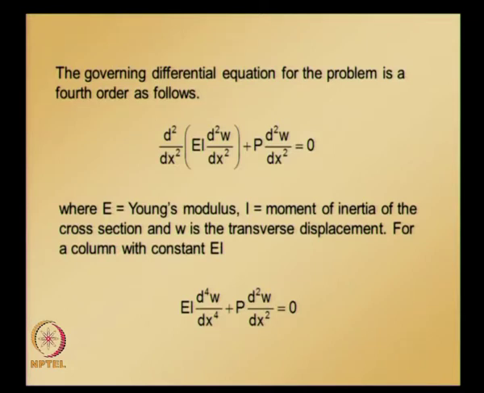So now let us look at the boundary conditions. Since we are dealing with a simply supported column, transverse displacement at both ends is going to be 0 and also curvature at both ends is equal to 0.